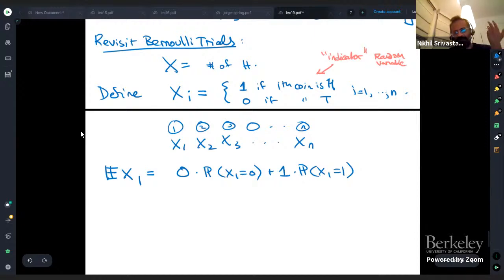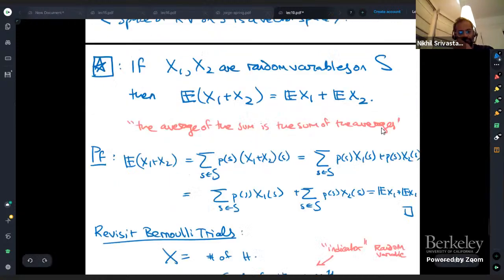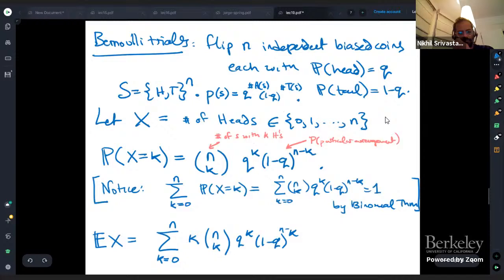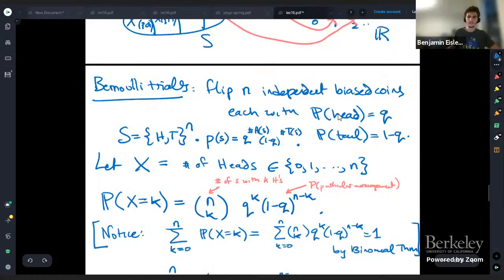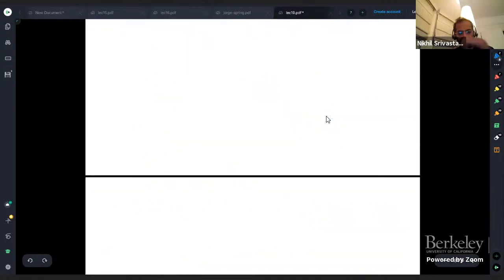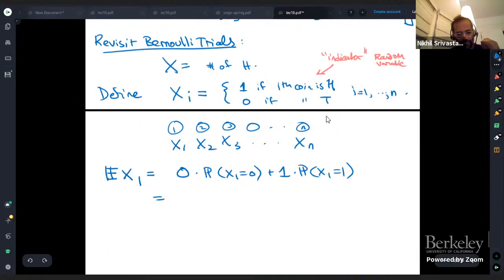The 0 term doesn't matter since it gets multiplied by 0. And what's the probability that X1 is 1? That would be q, because the probability of each coin being heads is q. So the expectation of this is just q. And in general, for every i, the expectation of Xi is also q for the same reason.